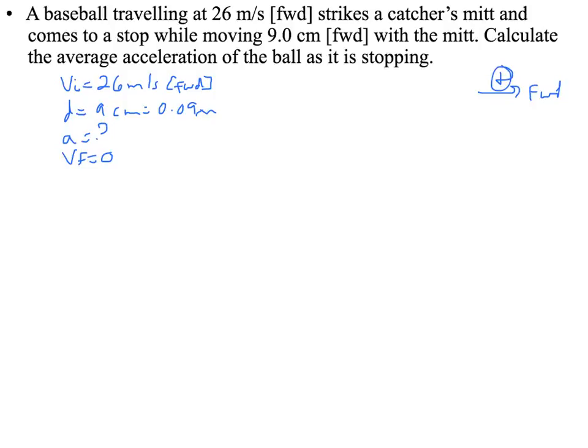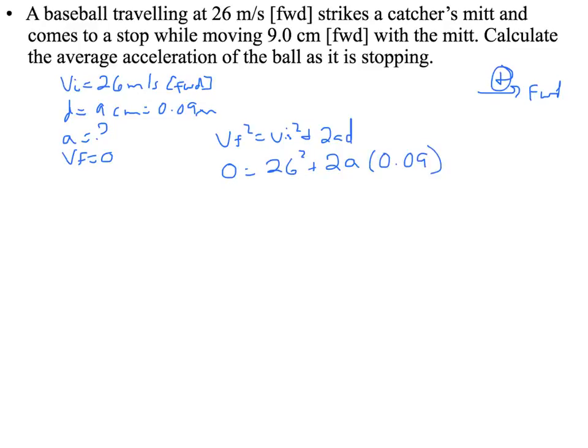Now again, you need to find the equation you need to use. So again, we can use, just like last question, Vf squared equals Vi squared plus 2AD. We plug our numbers in. Vf is 0. Vi is 26, so 26 squared, plus 2 times A, which is what we're looking for, times 0.09.